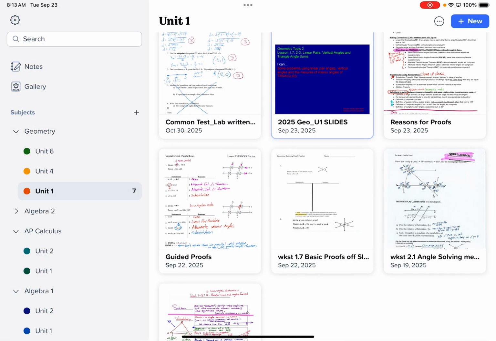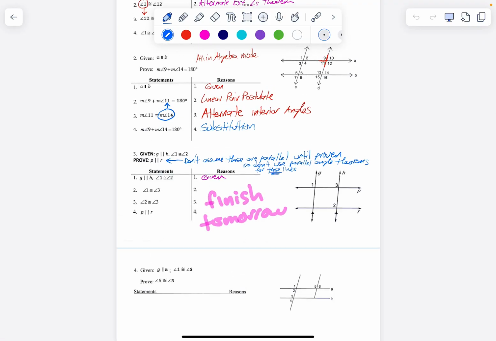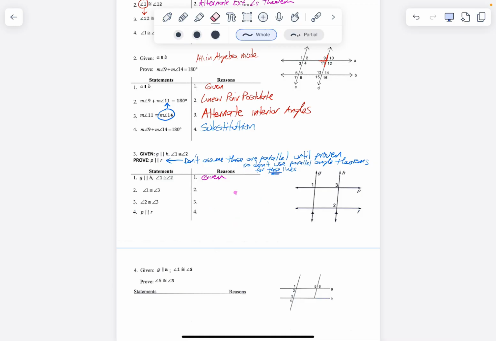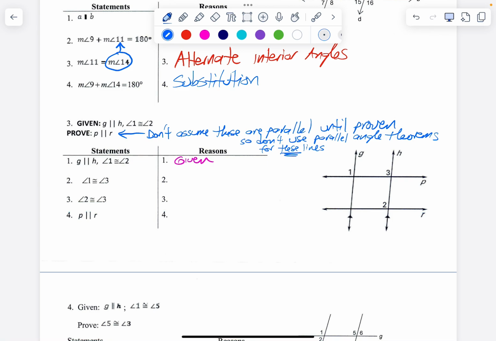Okay, grab your packet. Let's apply that same logic to number 3 and go ahead and finish that one up. So you can see number 3 is the same goal. We're trying to prove two lines are parallel. And yesterday we wrote, don't assume they're parallel until proven.